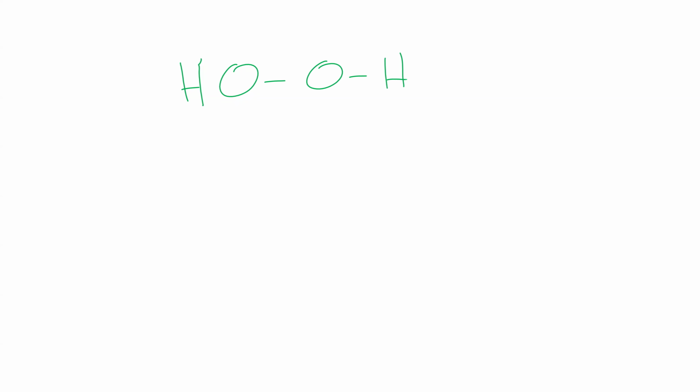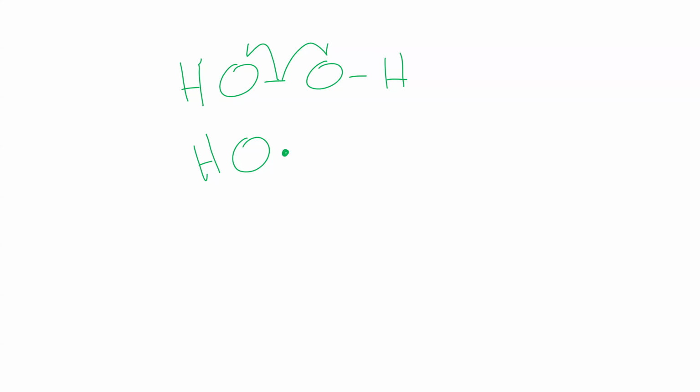What will happen is one electron goes each direction and you wind up making what we call a peroxide radical. A radical in chemistry just means you have an unpaired electron, and it's super unstable. So that's a very specific case.